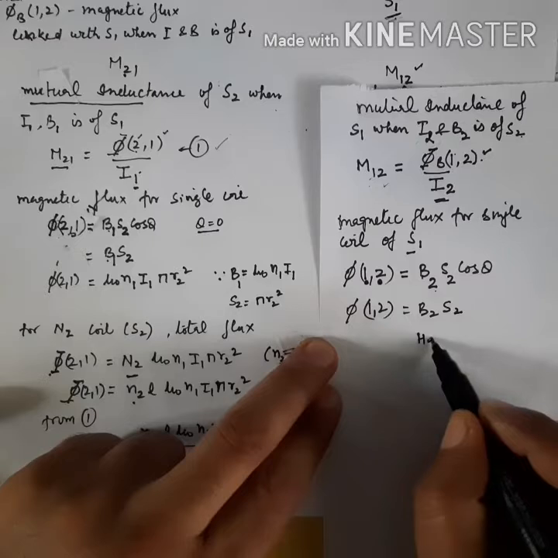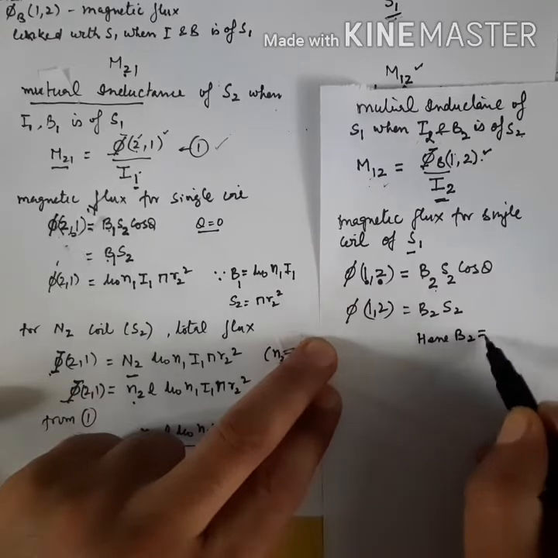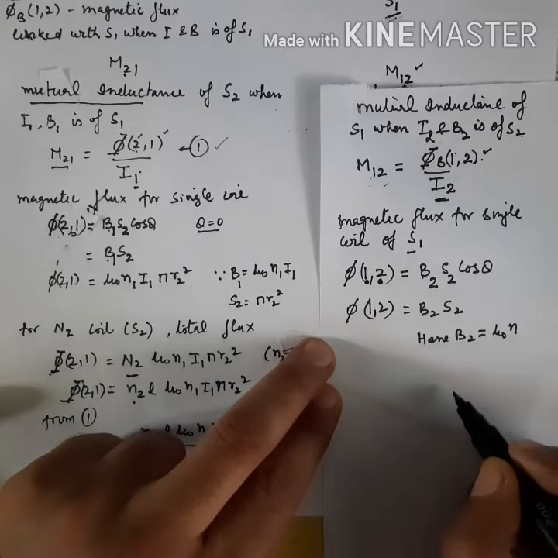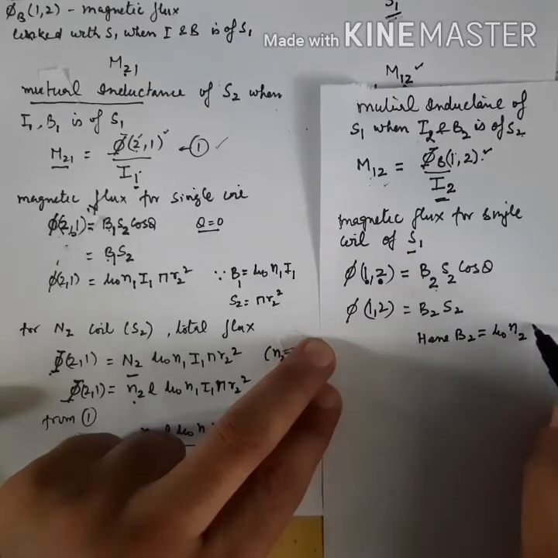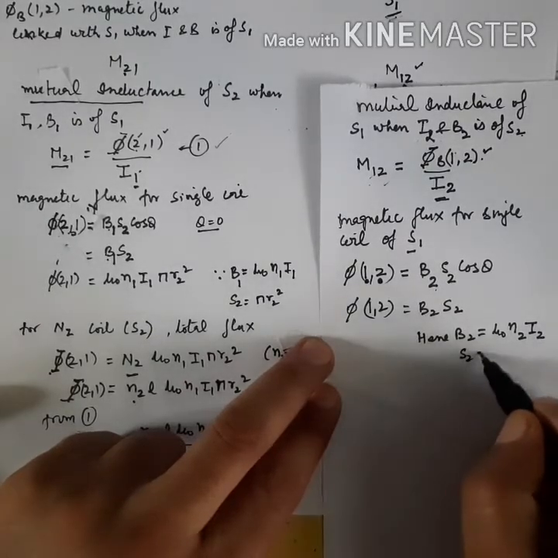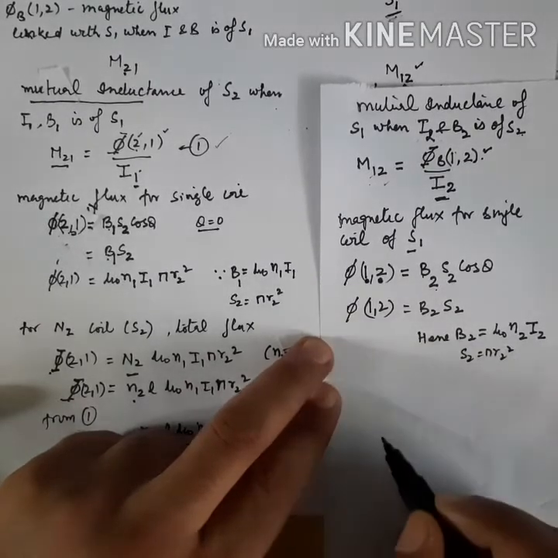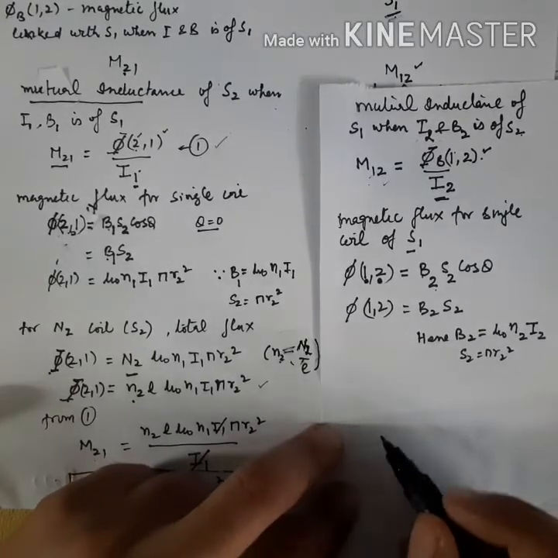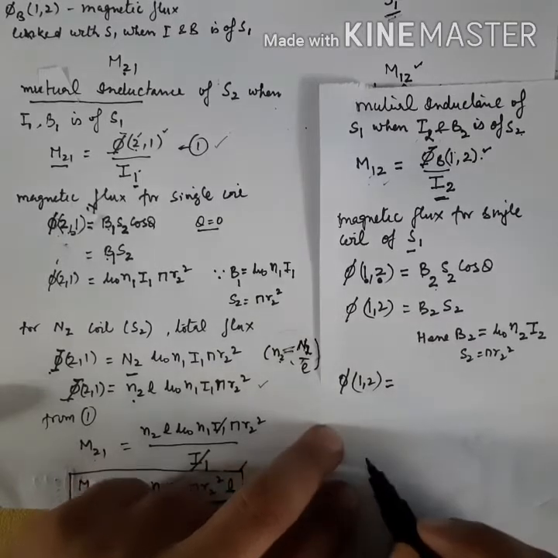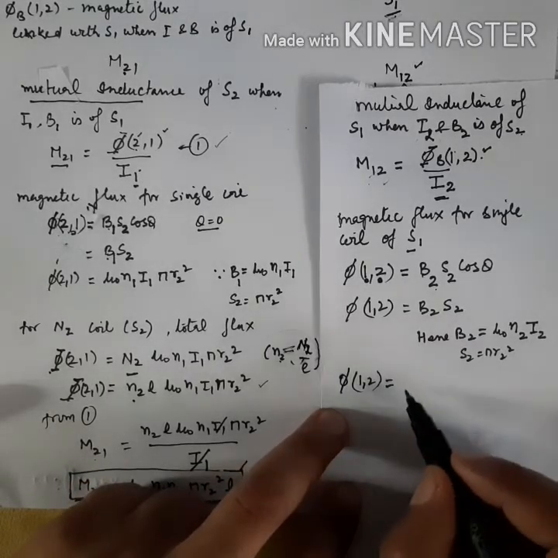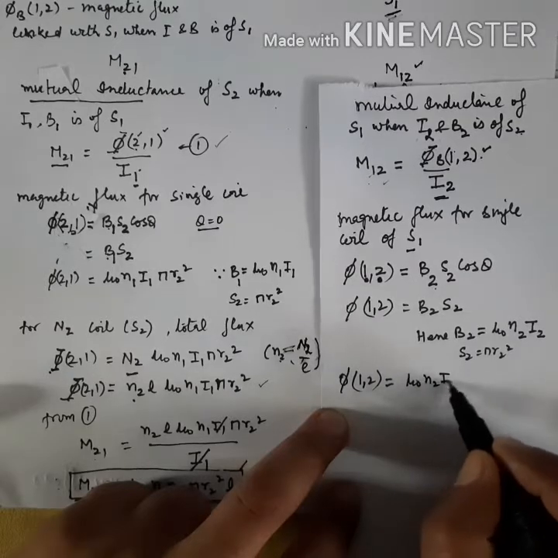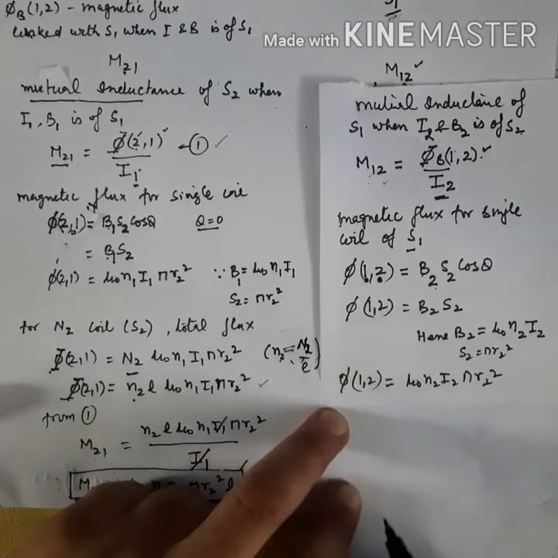Here B2 is the magnetic field in the second solenoid, that is mu naught times the number of turns per unit length of the second one, N2, and the current in the second solenoid, I2. The surface area S2 is equal to pi R2 square. If you put in the values, phi 12, the magnetic flux linked with the 1, is mu naught N2 I2 pi R2 square.